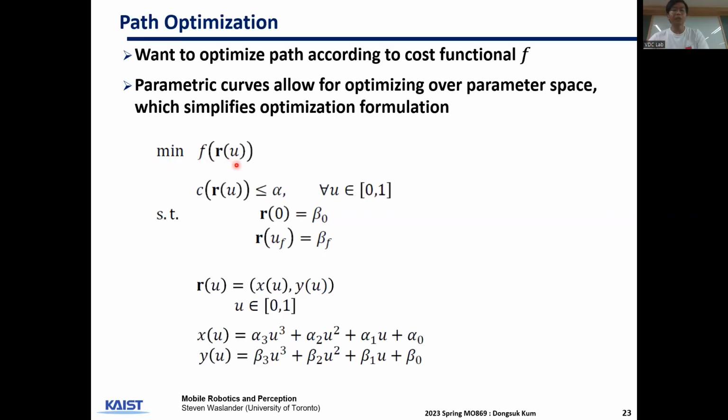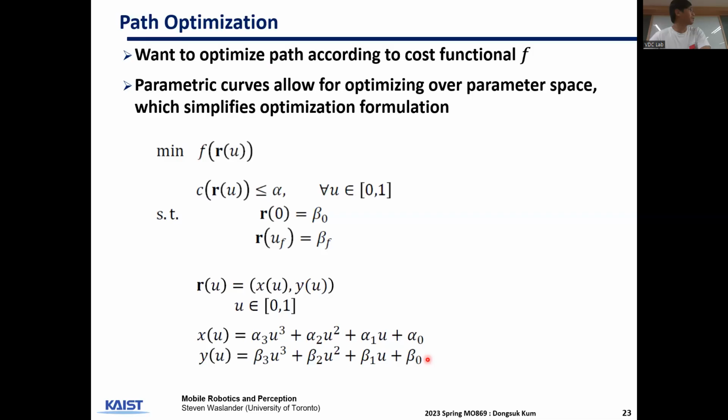Parametric curves allow us to optimize over the parameter space, which simplifies the optimization formulation. So this is a generic optimization problem where you use the parameterization of your curve. Here it's subject to constraints as well as initial and final conditions.